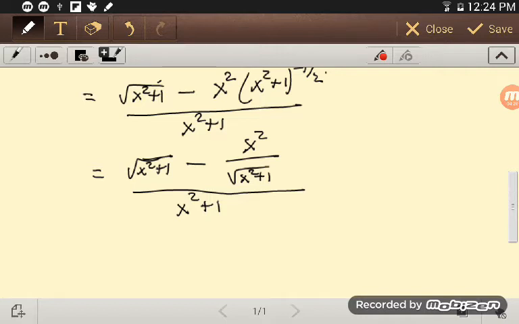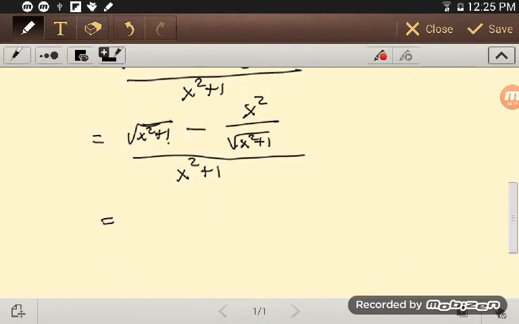And this is fine. Now I could go with a common denominator up here. So this is a bunch of algebra. Doesn't have to be done, but just in case you're interested, get a common denominator here. So I will get x squared plus 1 minus x squared, and then all over the square root of x squared plus 1.